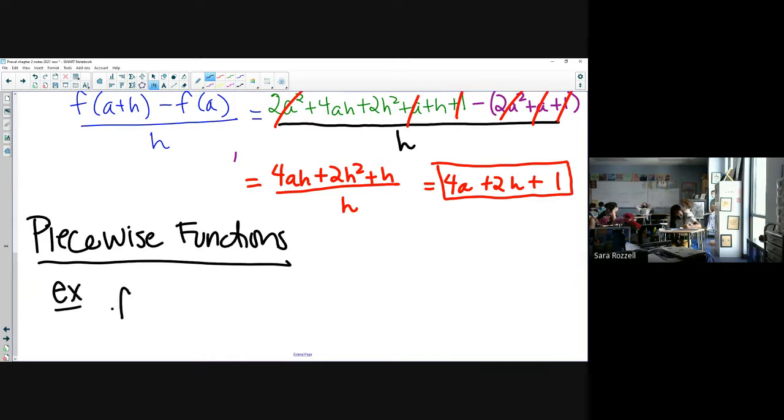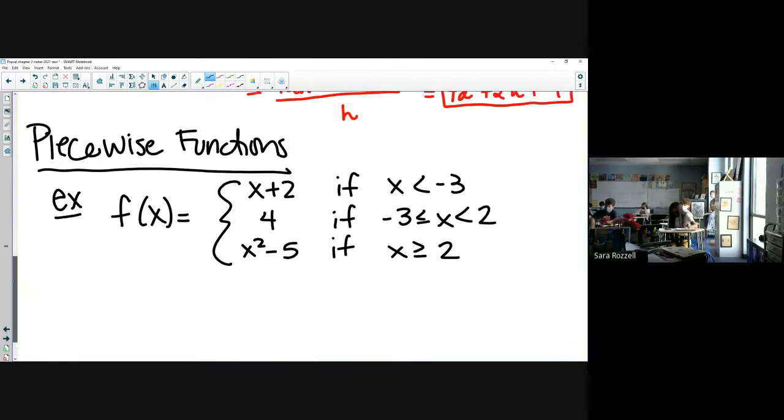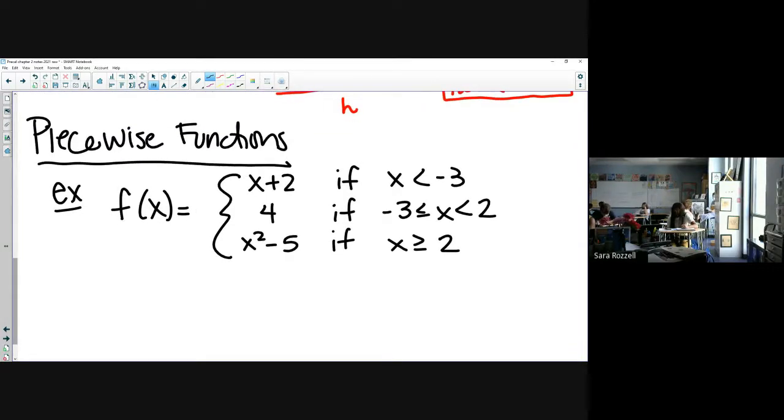You want to see one? See what it looks like. x plus 2 if x is less than -3.